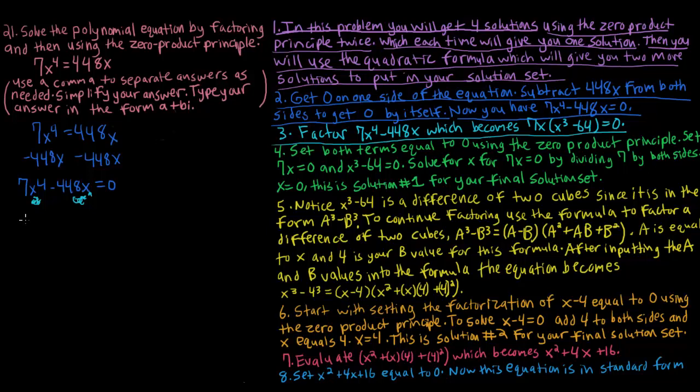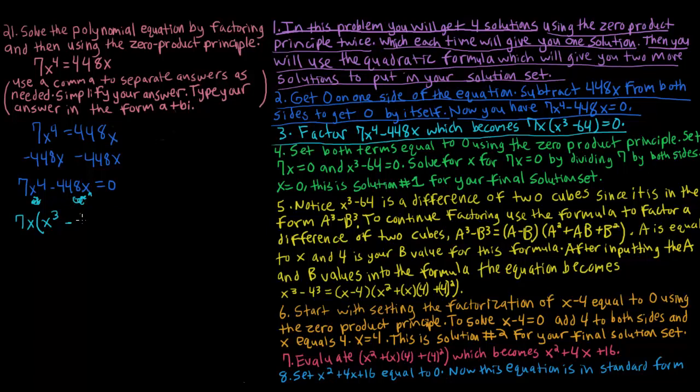So that means the factorization would be 7x, and then in parentheses, what times 7x equals 7x to the fourth? It would just be x to the third, and then minus, how many times does 7 go into 448? Well, 7 goes into 40 times, 7 goes into 44 6 times, because 7 times 6 is 42.